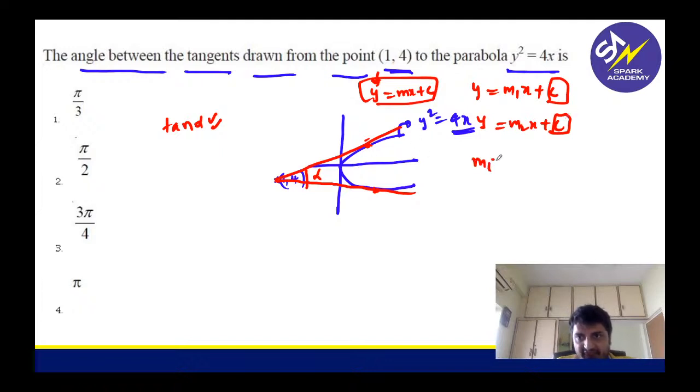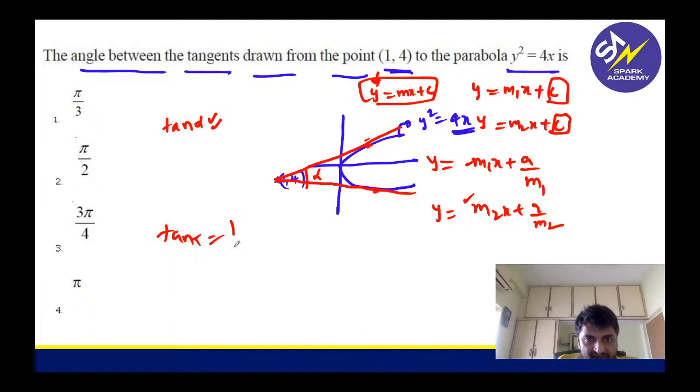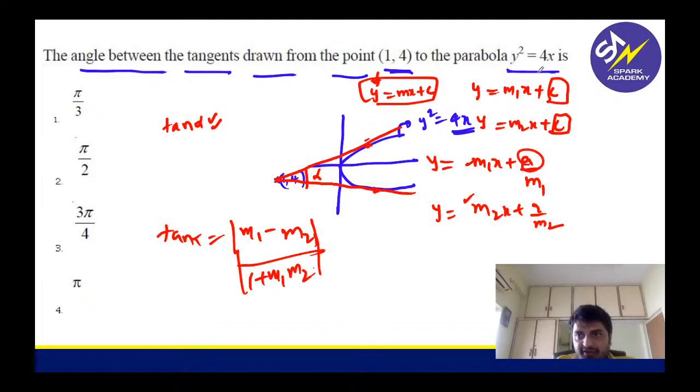So I will get m1x plus a by m1. That is y. And this I can write as m2x plus a by m2. So you will know m1, m2 equations with this. Or I can write tan alpha is mod of m1 minus m2 by 1 plus m1 m2. A you know here, 4x, a will be 1, right?